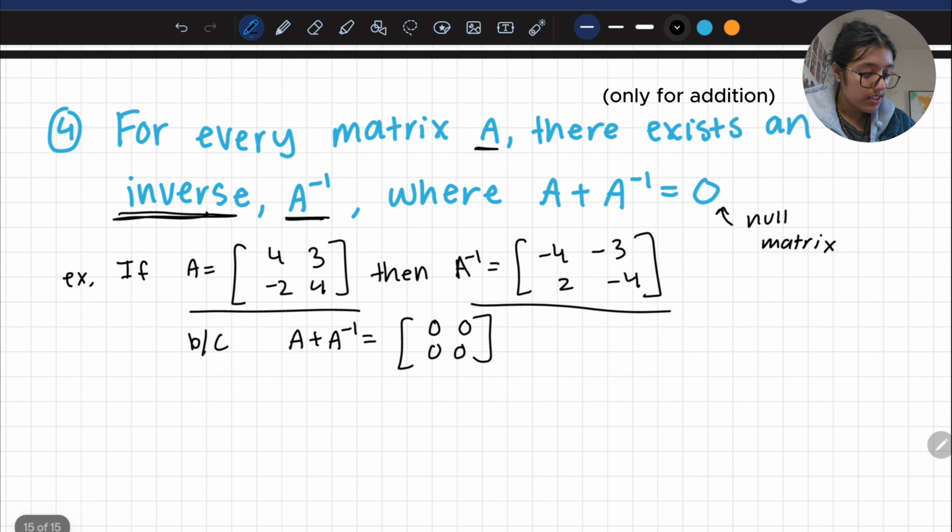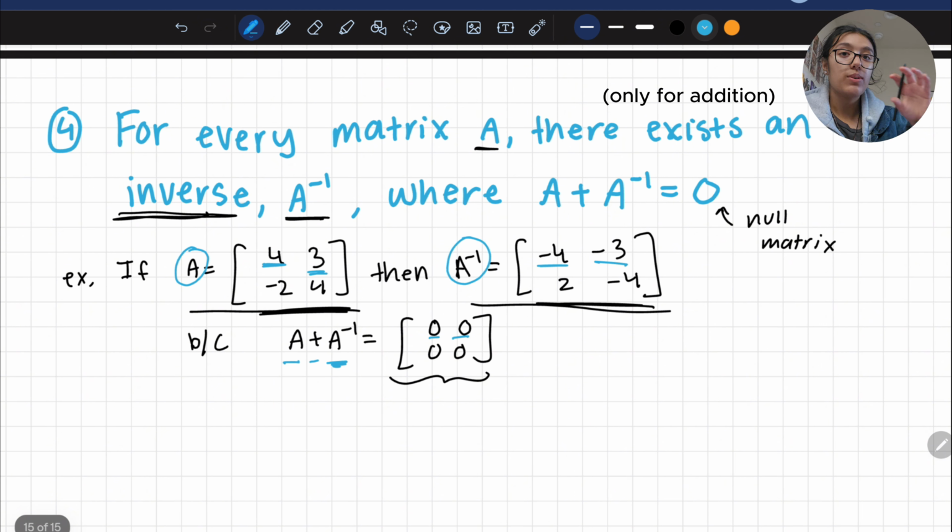And that is because if you add these two matrices together, you will get a null matrix. And these two matrices are related. So this was the original matrix, and this is the inverse of that matrix. Because if you do 4 minus 4, you get 0. You do 3 minus 3, you get 0, and so on and so forth. So once again, to recap, you have a matrix, and you add the inverse of that matrix to it, you're going to get a null matrix.